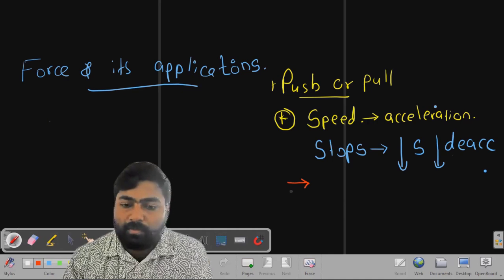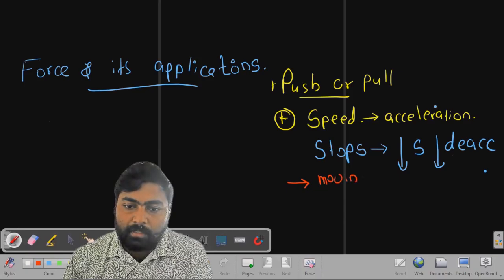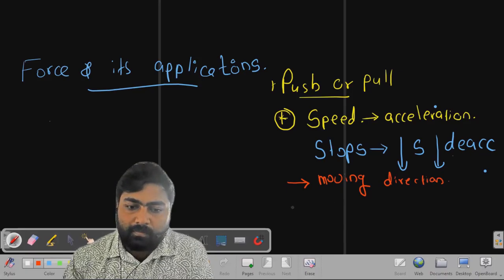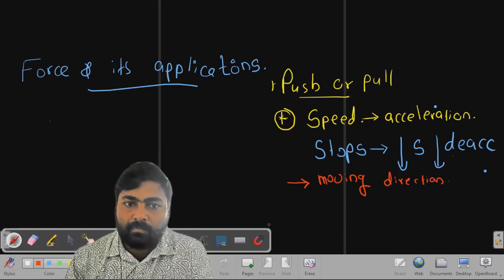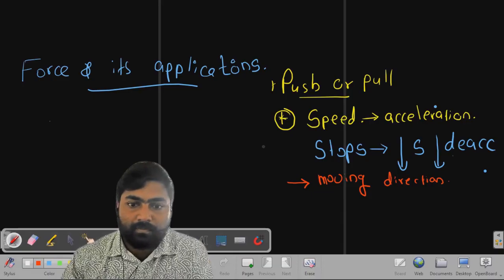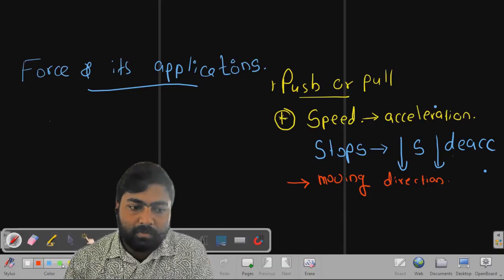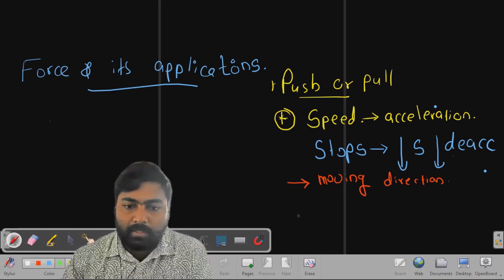Usually the ball moves most of the time in a different direction. That means when force is applied on an object, the moving direction also can be changed. Understood? Yes, I understood. Moving direction also can be changed.